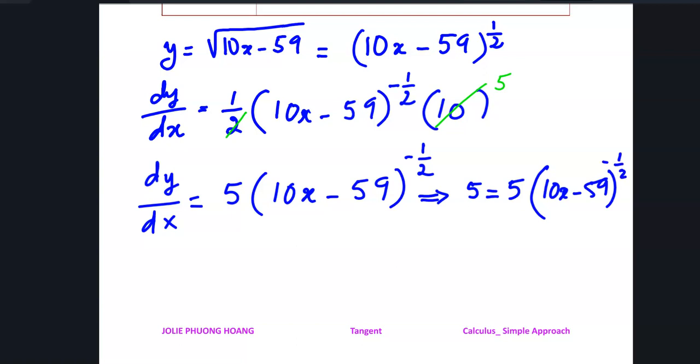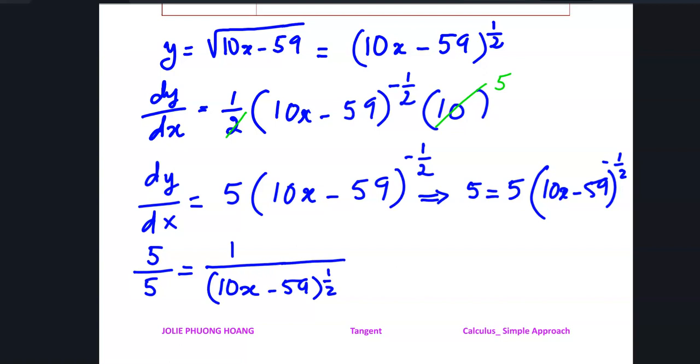Okay, so what I'm going to do next is I will move this 5 over to the other side. So 5 divided by 5 equal to, at the same time, I will write it as 1 over (10x minus 59) raised to the exponent a half. Okay, so I will bring it down to the bottom to change that to a positive exponent.